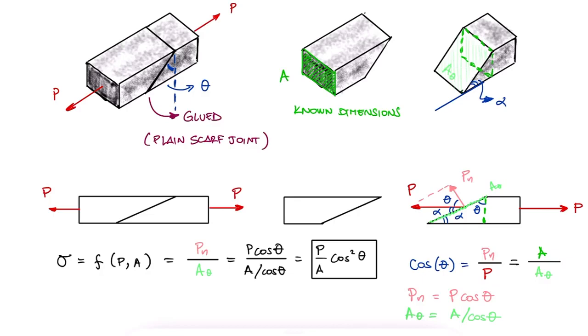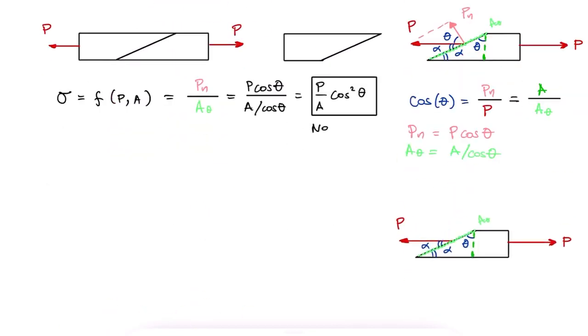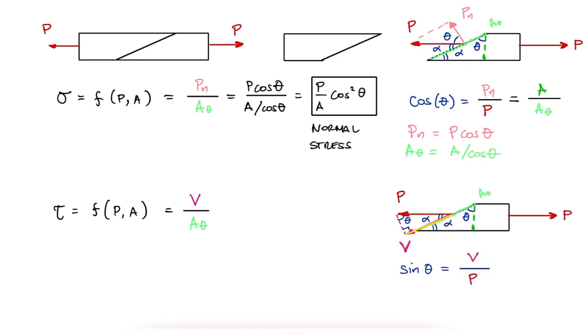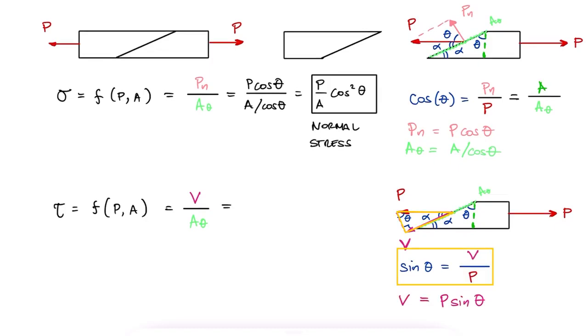The shearing stress would be equal to either the component of the force vector that is parallel to the slanted surface over the entire glued area, or the full force vector over the projection of the area that is parallel to the load. Following the same process from before with the normal stress, and realizing that what you probably have is the dimensions of the cross-section area, not the slanted one, and the external load P, we'd see that the component of the force that is parallel to the slanted surface, in this case labeled V for shear force, is P sine of theta.